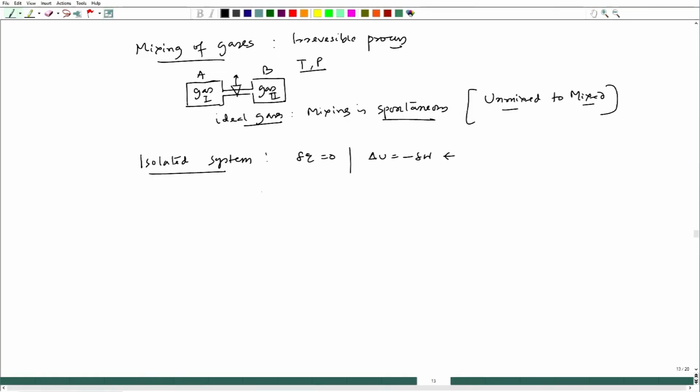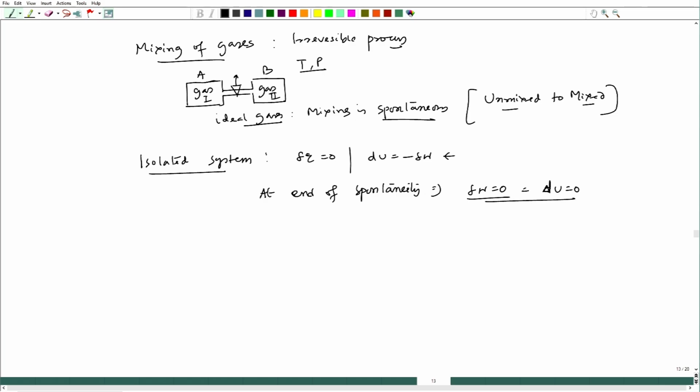So, finally, at the end of spontaneity, del W should be 0. Okay. So, that means, please make a correction here, it should be dU. dU should be 0.